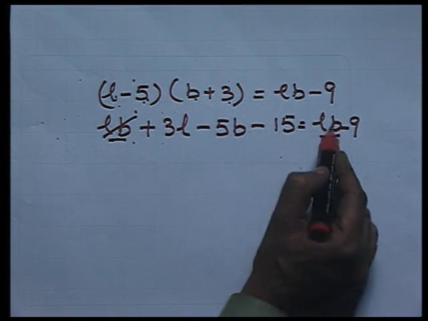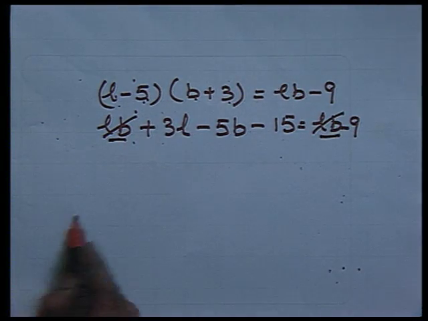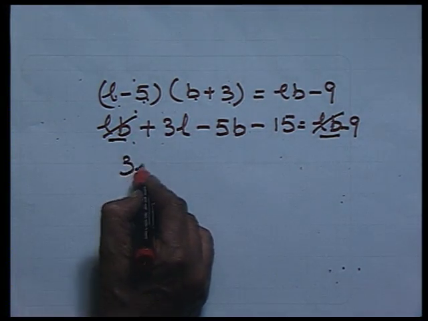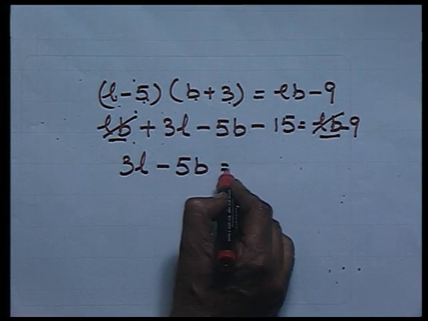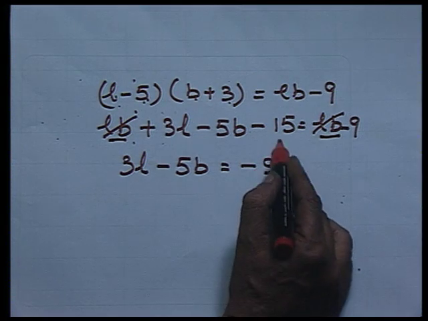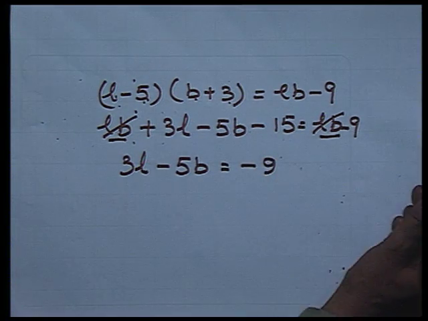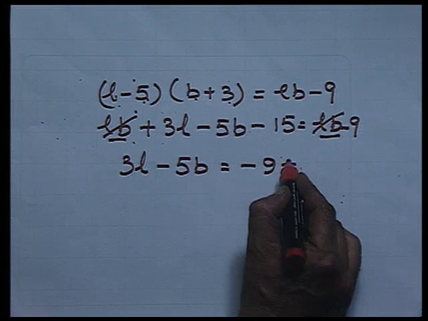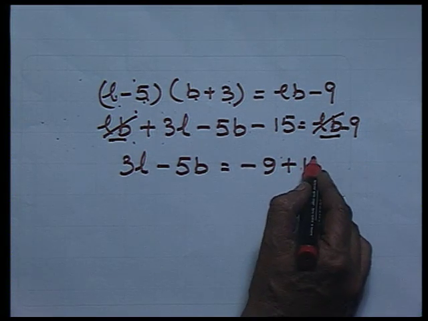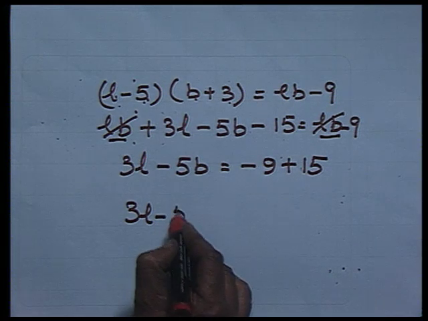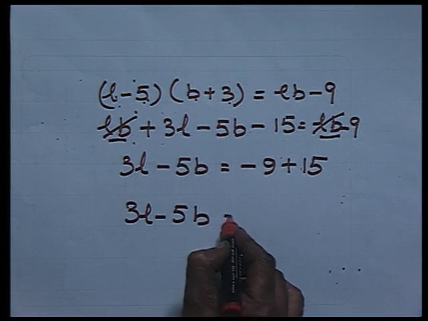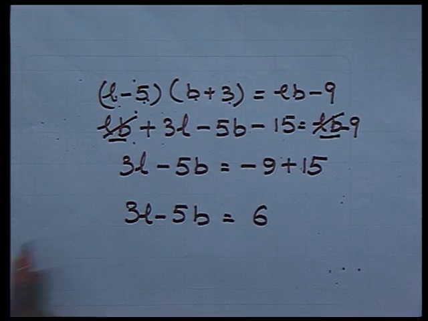So, this we can cancel out. So, we get 3L minus 5B equals minus 9, and minus 15 transferred to the right hand side becomes plus 15. So, first equation we get is 3L minus 5B equals 6. This is the first equation we got from the first condition.